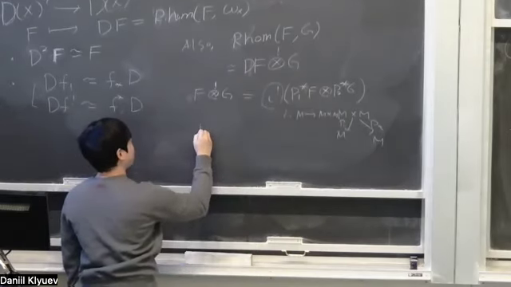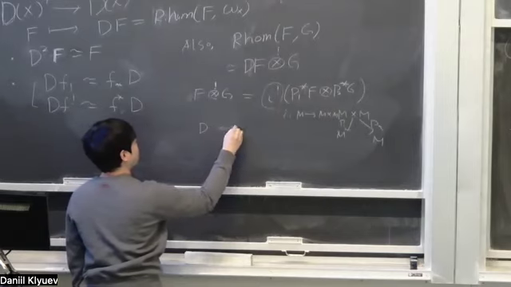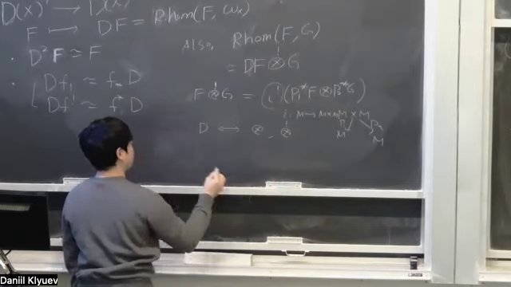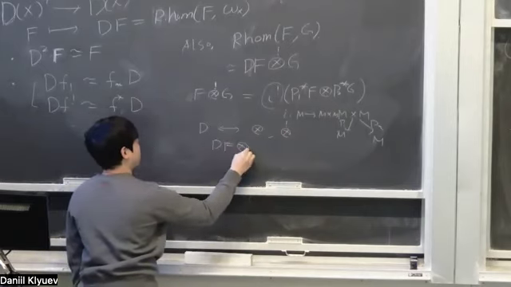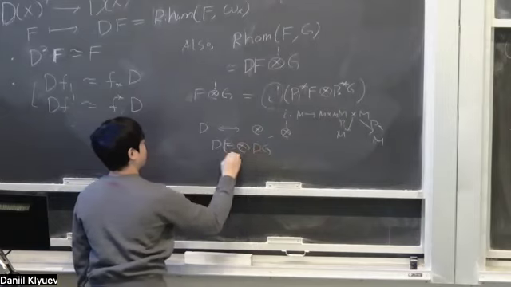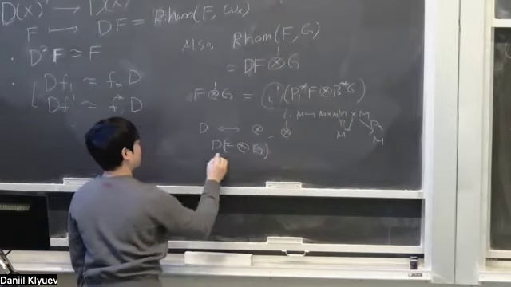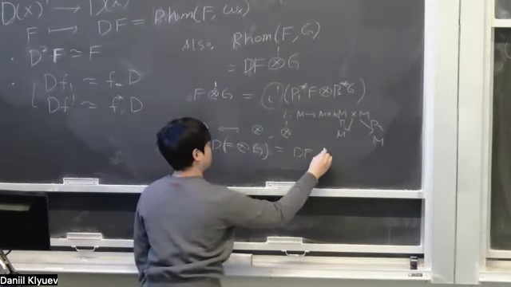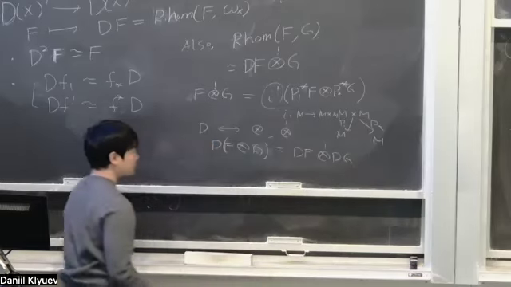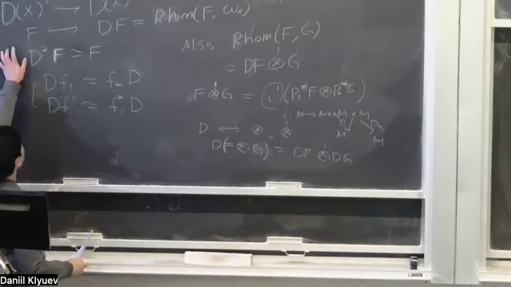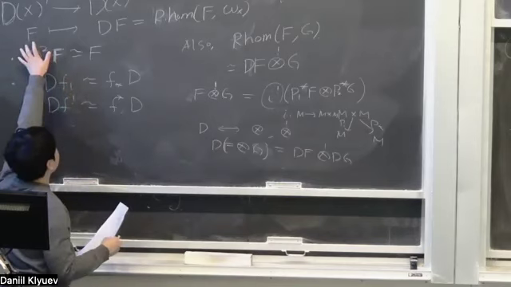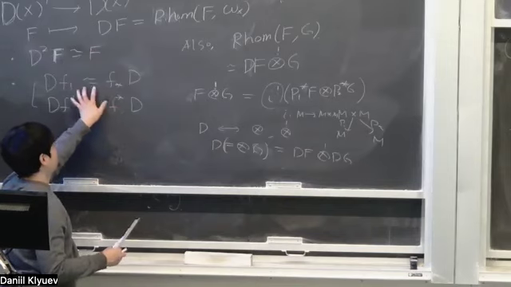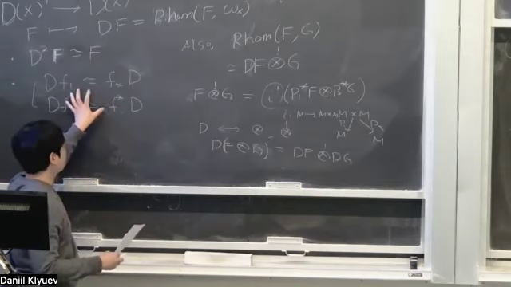In this way, D intertwines the tensor product and the exceptional tensor product, which means D(F tensor G) is isomorphic to DF exceptional tensor DG. So this Verdier duality functor, we will call this the Verdier duality functor, intertwines these interesting and important functors in this way.